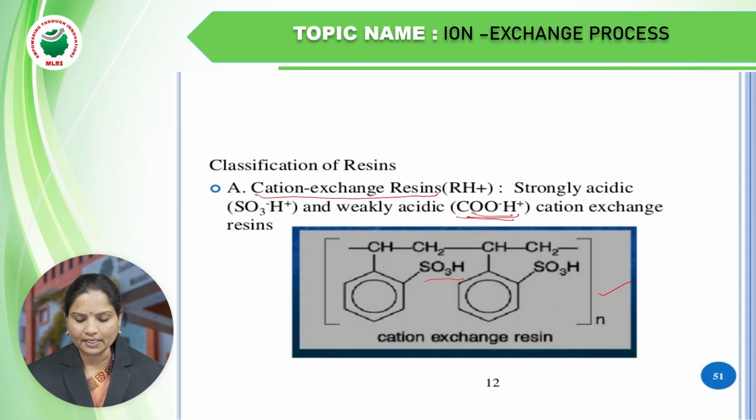Polystyrene is a polymer, benzene with attached CH2, CH2; n number of styrene units form polystyrene. Polystyrene with an acidic functional group, a sulfonic group or any weakly acidic group, is used in the ion exchange process as a cation exchange resin.